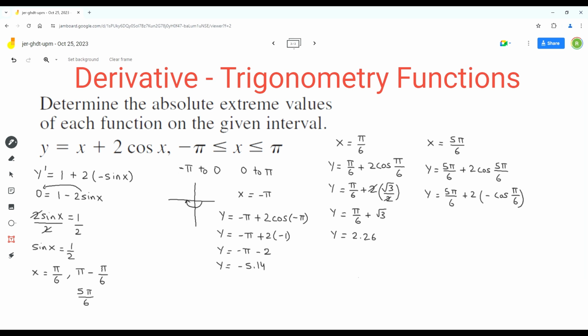You can also use a calculator to evaluate cos 5 pi over 6, but this is the manual way to do it. Now cos of pi over 6 is equal to square root of 3 over 2, and then since it's minus, the whole term will become negative after multiplication by 2.